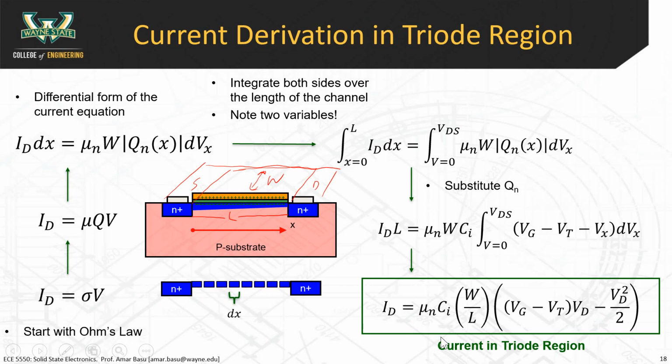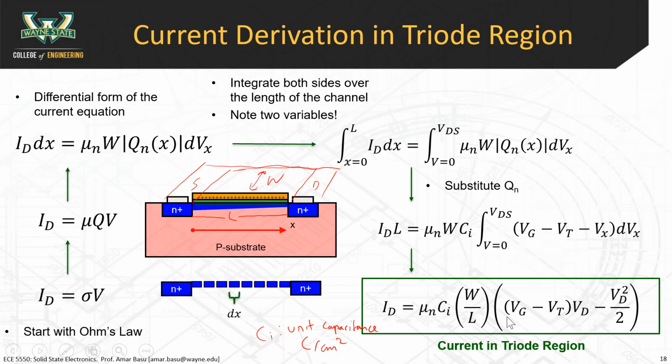Ci is the unit capacitance, and the units for this is coulombs per centimeter squared. And the mobility, this is the electron mobility, unit capacitance, W over L. This is the geometric parameter, Vg minus Vt times Vd.